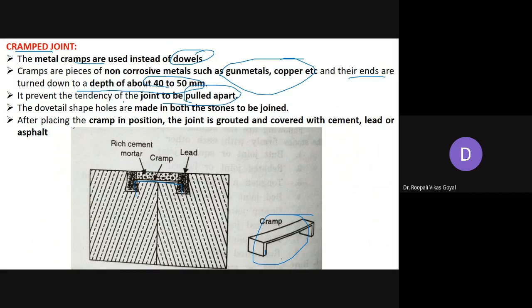The dovetail-shaped holes are generally made in both the stones. So dovetail type of holes or cuts are made in both the stones to be joined, and into that you have to place the cramp in position, and then the joint is grouted and covered with cement, lead, or asphalt. So by applying either lead, cement, or asphalt, you can firmly join both the stones together with the help of the cramp. That's why it is called a cramped joint.